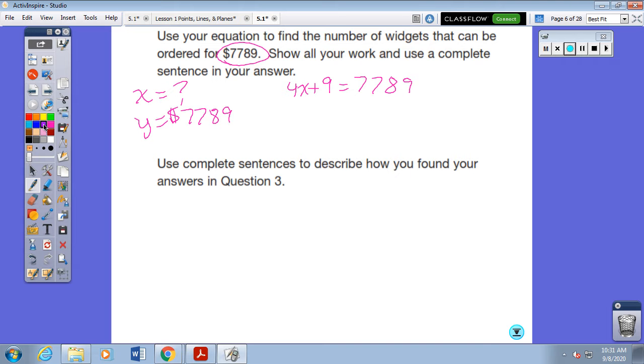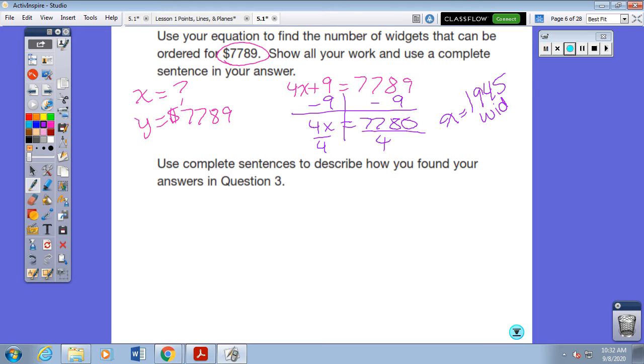We're going to solve for x. Subtract 9 from both sides. Divide both sides by 4. So x is going to equal 1,945 widgets can be purchased at that amount.